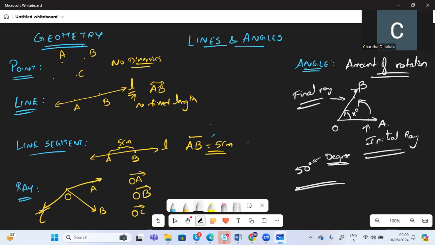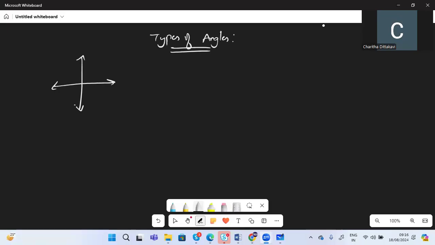Now coming to types of angles, there are different types of angles. Observe, every plane is divided into 4 quadrants. This is 0 degrees, here it will be 90 degrees, next 180 degrees, 270 degrees, and this can also be 360 degrees.